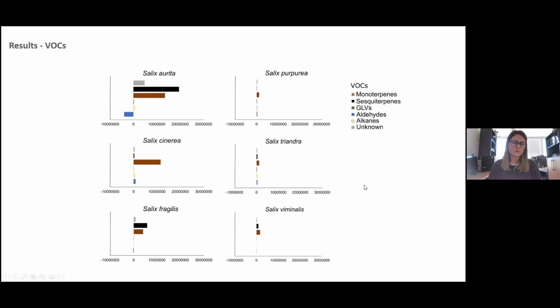And when you also account for what is happening according to the different herbivores we used in the experiment, we have Salix aurita and Salix fragilis being mostly elicited by the beetle species we used, while purpurea is being mostly elicited by the beetle and also by Operophtera brumata herbivory, and triandra and viminalis mostly by the beetle and Lymantria dispar, and Salix cinerea being affected by all the herbivores we used.